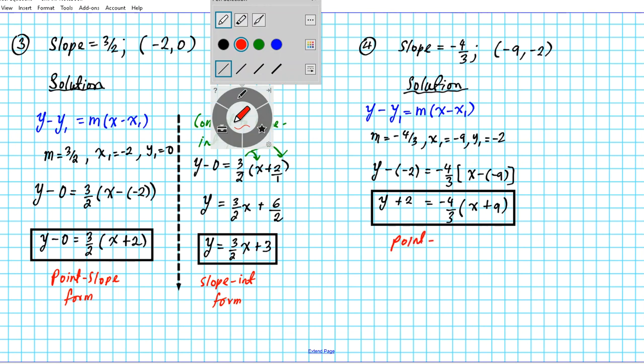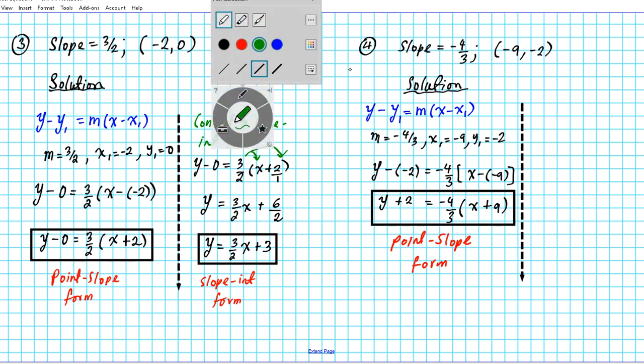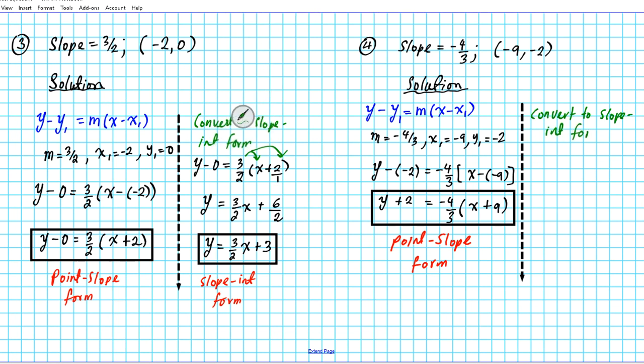Alright, so what we're going to do next is write it in slope-intercept form. To convert to slope-intercept form, all we're going to do is simplify and isolate y. Alright, let's do it.